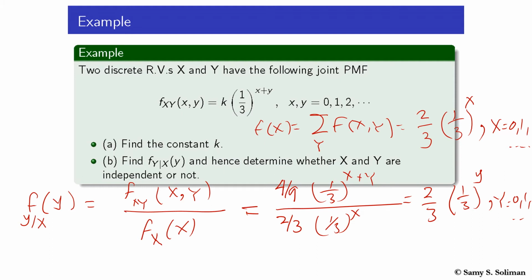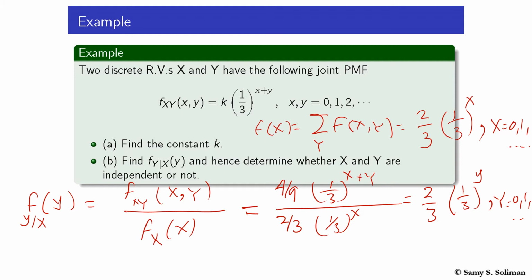To answer the question of whether x and y are dependent or independent, we need to find the marginal distribution of y as well, and check if it is equal to the conditional distribution of y given x or not.